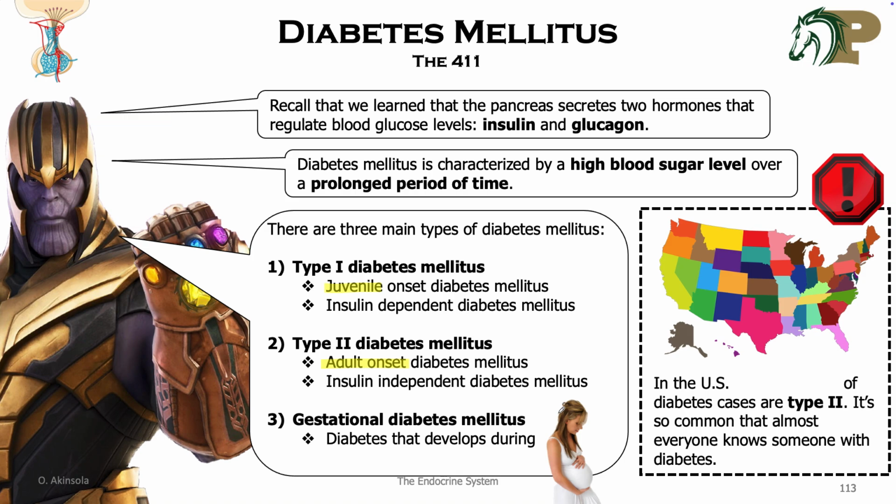Okay. And then number 3 is gestational diabetes mellitus. This is diabetes that develops during pregnancy. Okay. And actually, gestational diabetes mellitus is actually so common that just part of routine prenatal care is that in week 26 of pregnancy, you are actually supposed to be tested for gestational diabetes.